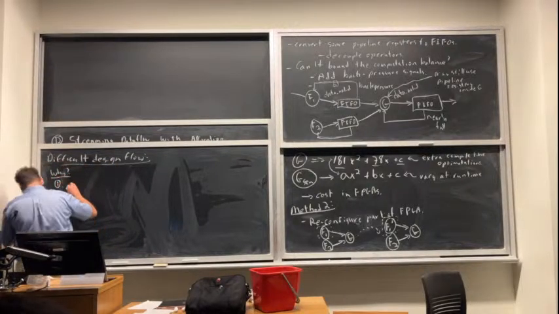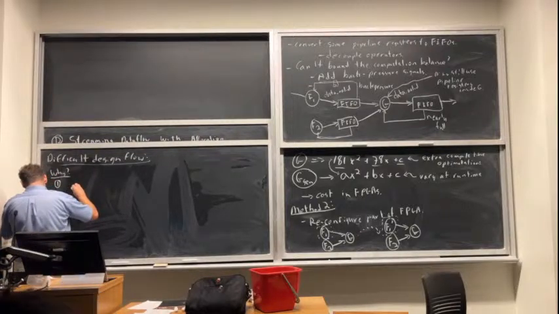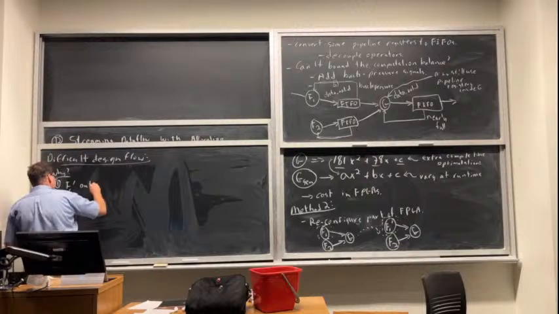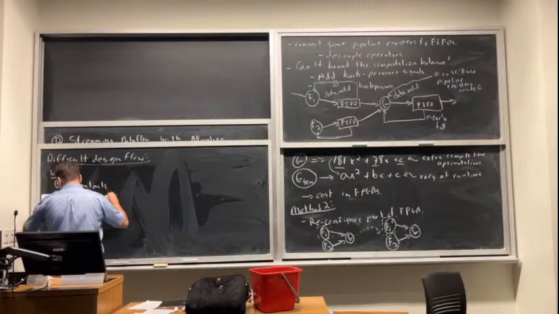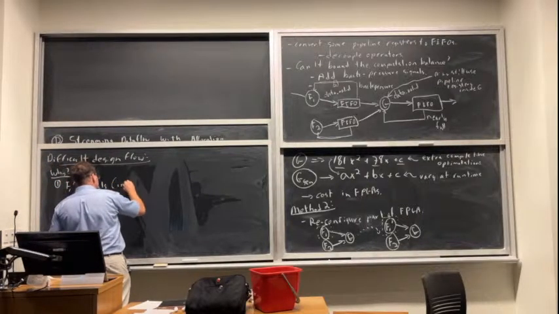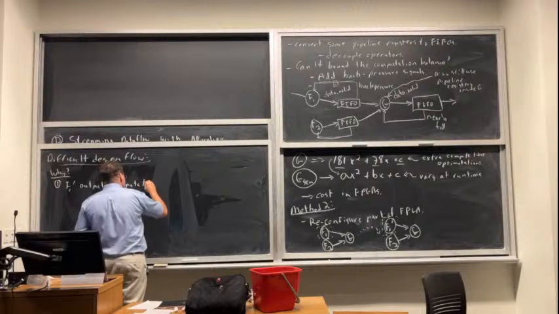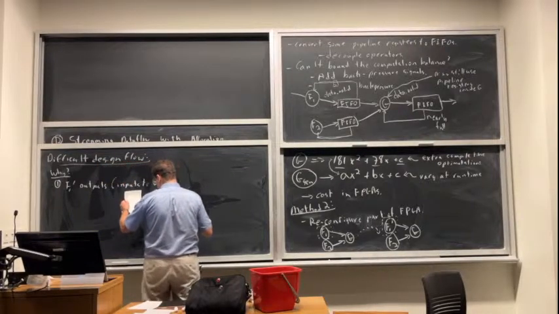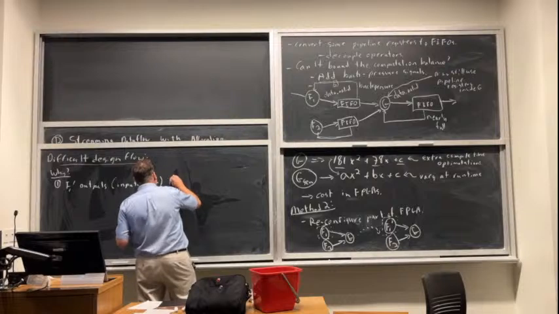So the F1 prime outputs, which are the inputs to G, must do something reasonable.